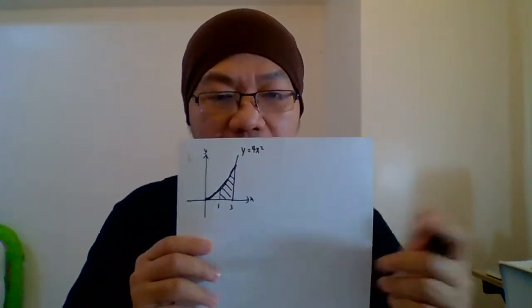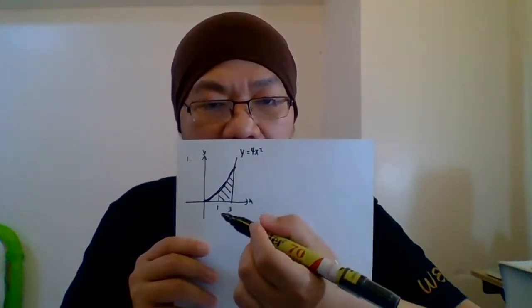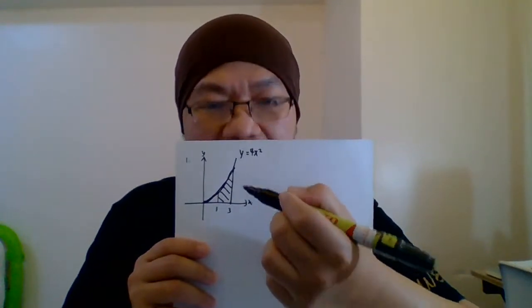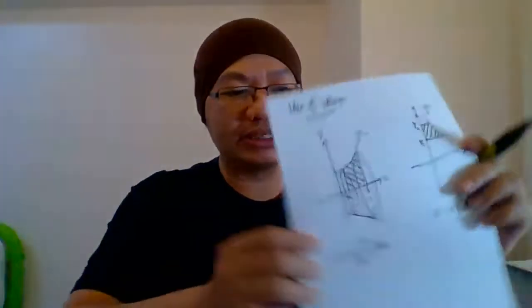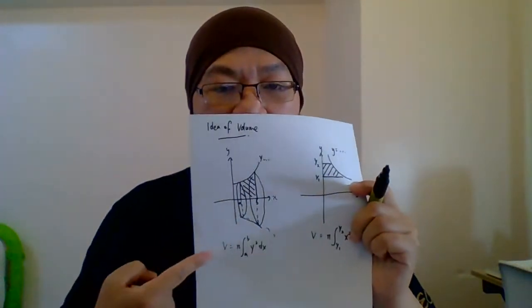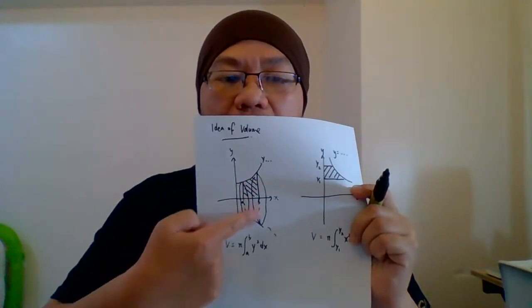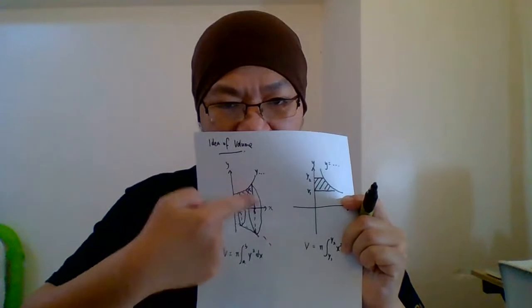The first question asks you to find this volume, where the shaded region is rotated against the x-axis about 360 degrees. That means we must use the first formula. Why do we use the first formula? Because it is rotated about the x-axis.